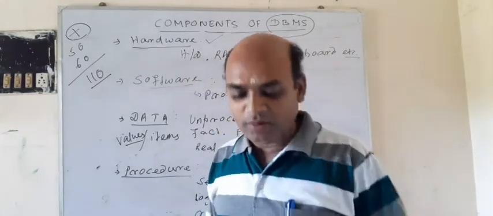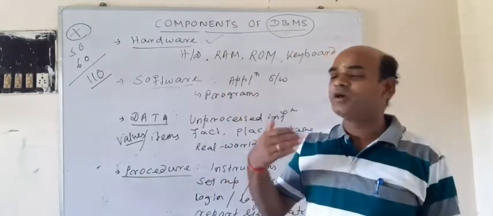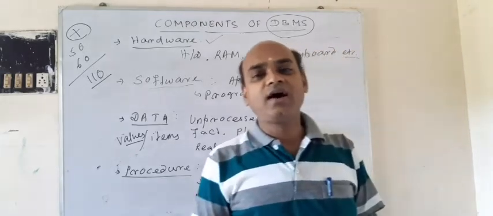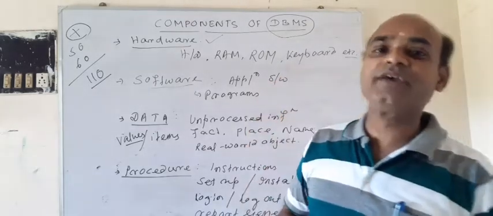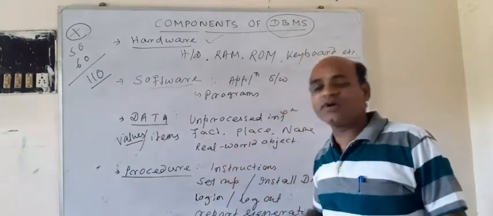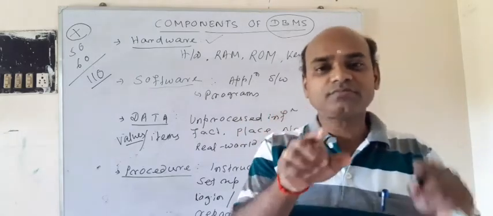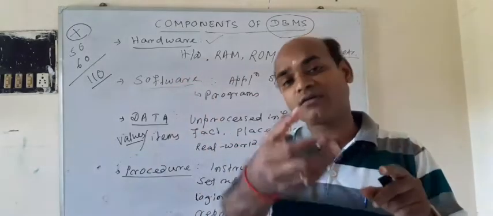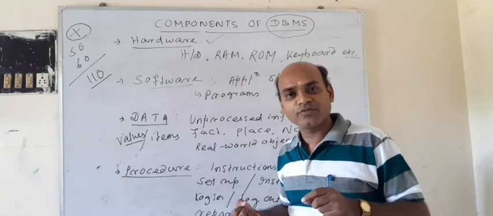Then come to backup. Suppose there is any natural calamity or hardware failure, there is some chance of loss of the stored data. If it happens, the database management system creates proper memory space and a proper recovery process, and extracts the data that was lost in the system.